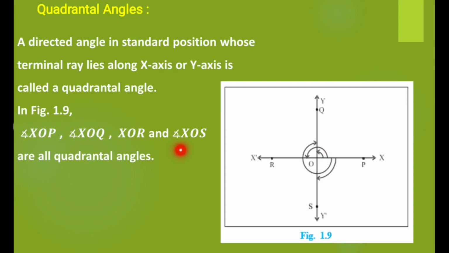Then XOS. Here the terminal arm is OS and the initial arm is OX. So the terminal arm OS is on the y-axis. So these four angles, angle XOP, angle XOQ, angle XOR and angle XOS, are all quadrantal angles.